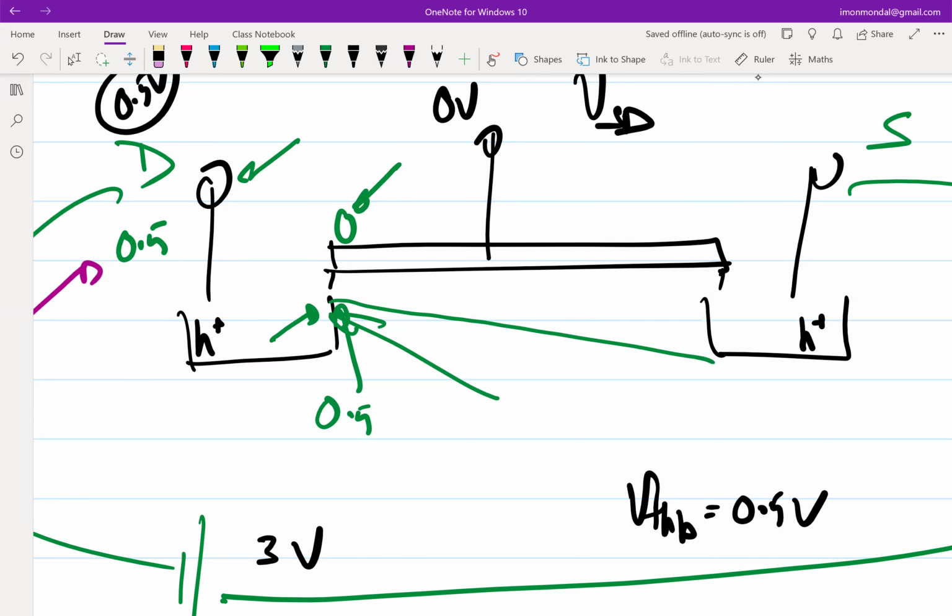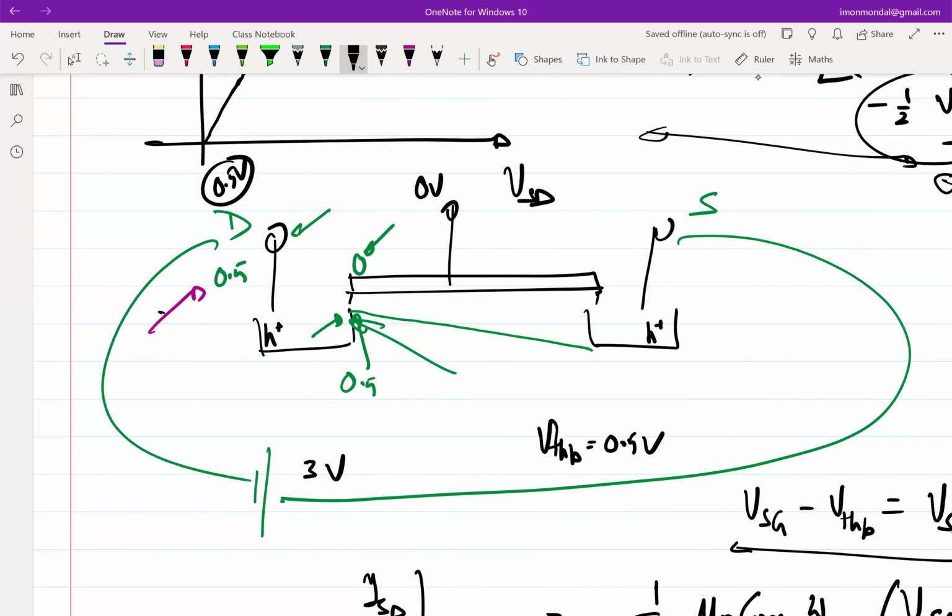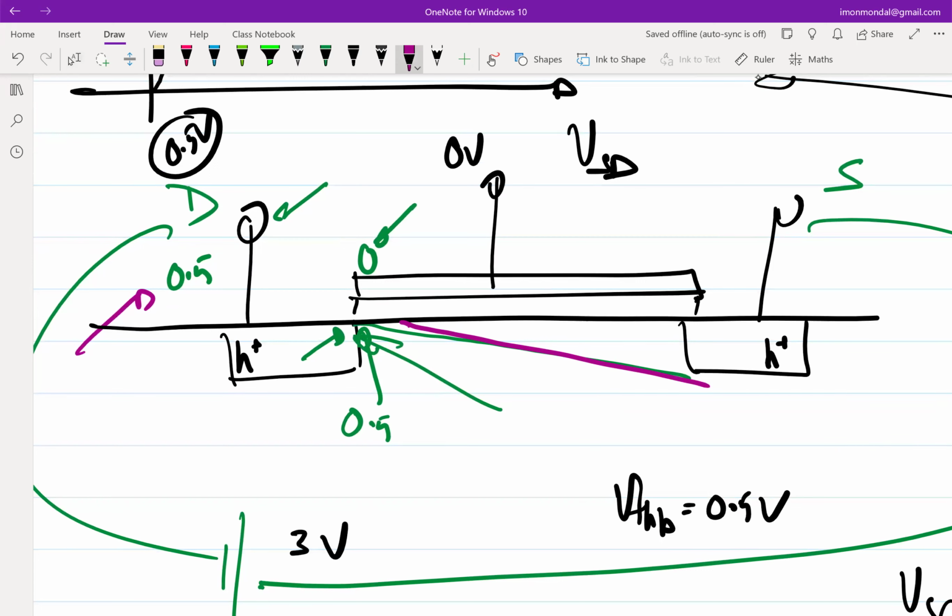So for the time being, let's concentrate on what happens if that happens. Let's assume that the distribution ends before some distance. Then what is happening in this region? No mobile charges, but we have these plus charges, immobile plus charges. So that region is highly resistive, right?